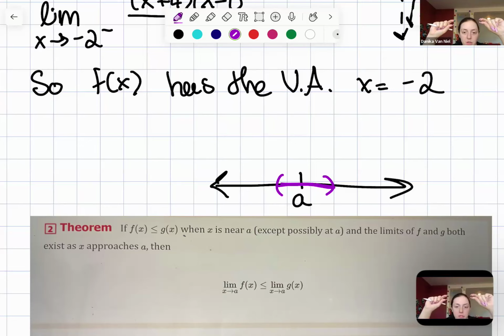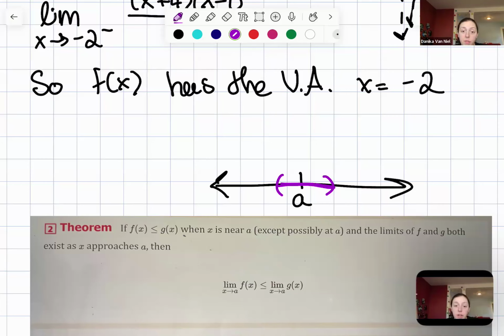Maybe they have funky jump discontinuities. I don't know. But g's limit is still going to be bigger than or equal to the limit of f, because g was always bigger than or equal to f. So nothing weird is going to happen as your limit approaches there.